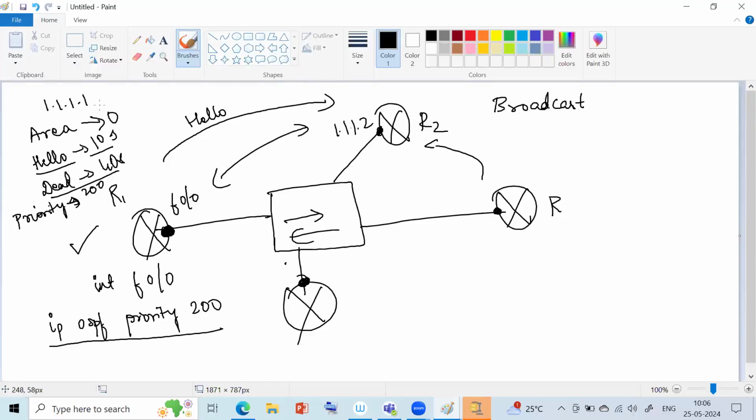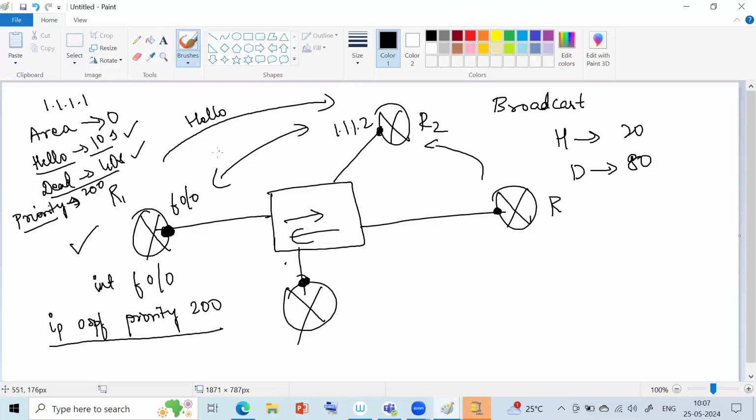Otherwise, if my hello is 20 seconds and dead interval is 80 seconds, what I'll do, I will agree on the shortest one, right? On the shortest one. Then I'll see the priority. Hey, this guy has a priority more than me.